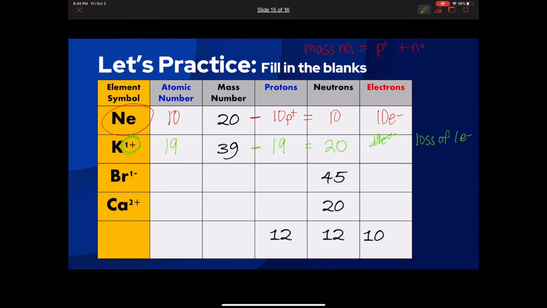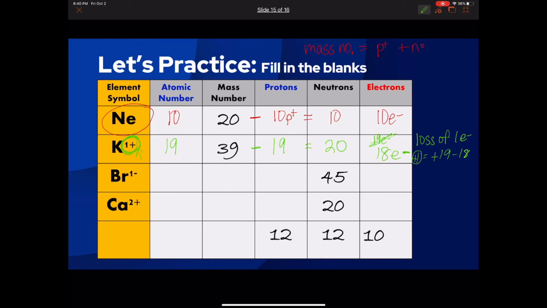So if we lose an electron, we now have 18 electrons. Okay, so just to make sure you're right, think about the math. Positive 19 minus 18 equals positive 1. And that's our oxidation state here for potassium.